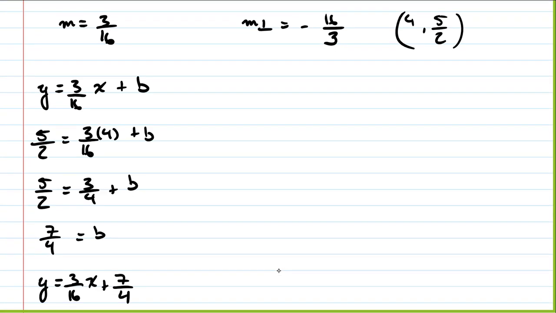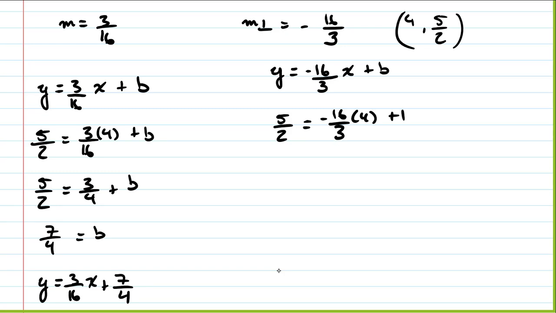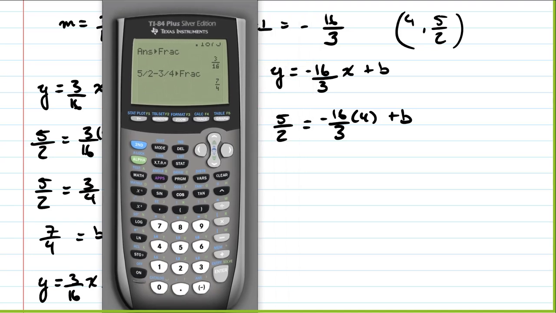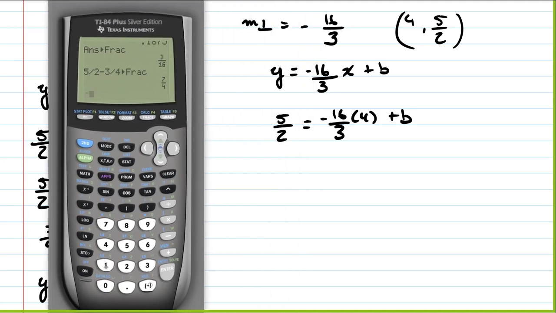So then to find the normal line, we do the same thing, but we use the perpendicular slope. So then we have 5/2 equals negative 16/3 times 4 plus b. So we have negative 16/3 times 4. That gives us this value. And then on the left side, 5/2.